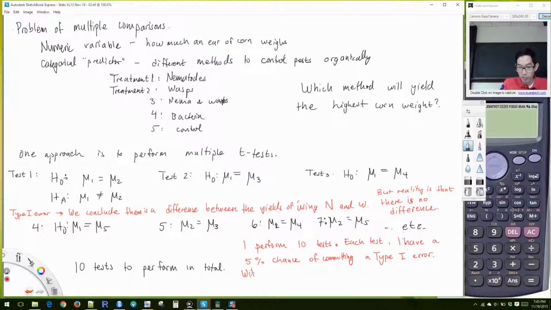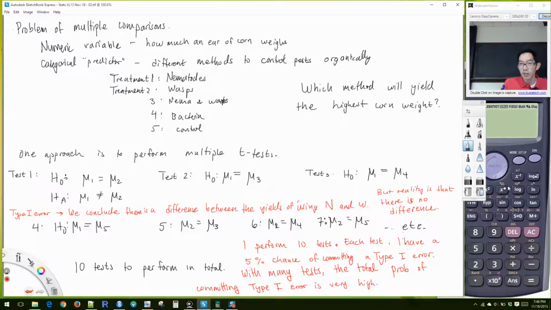So I'll write that down. With many tests, the total probability of committing type 1 error is very high.